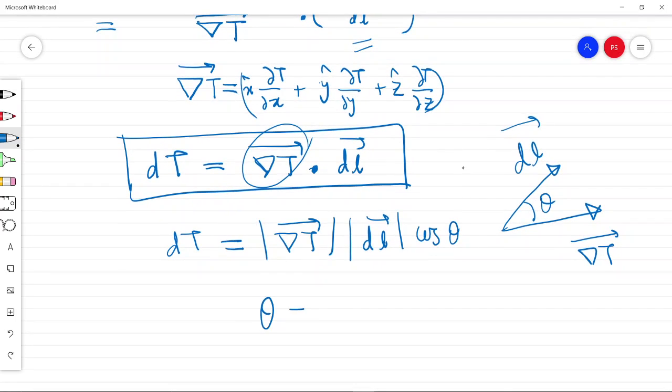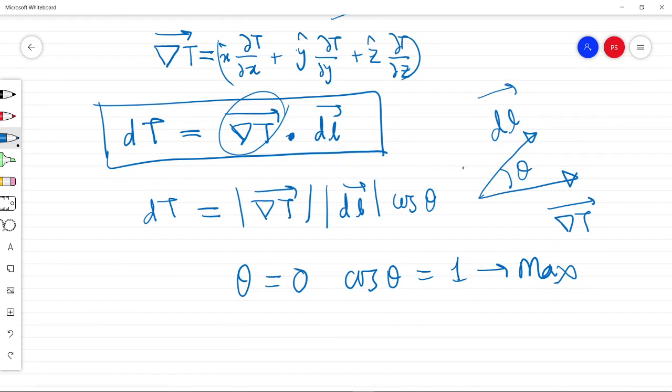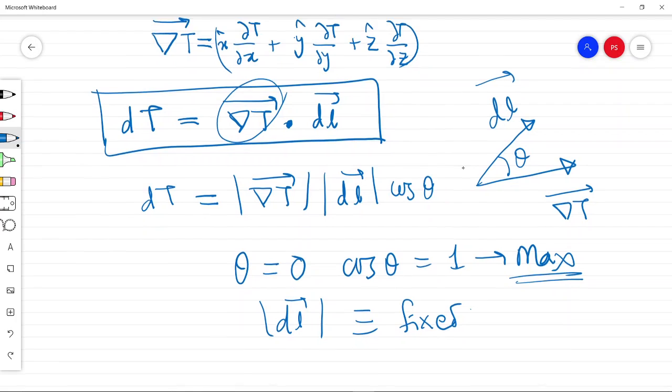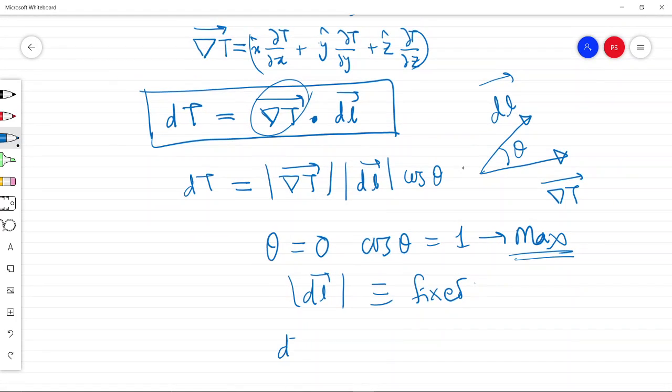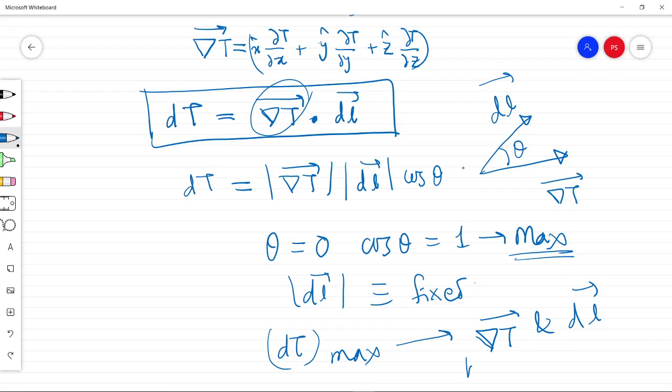Now if we put theta equal to 0, cos theta is 1, which is the maximum possible value of cos theta. If we fix the magnitude of dl bar, we see that dt is maximum when del t bar and dl bar have the same direction.